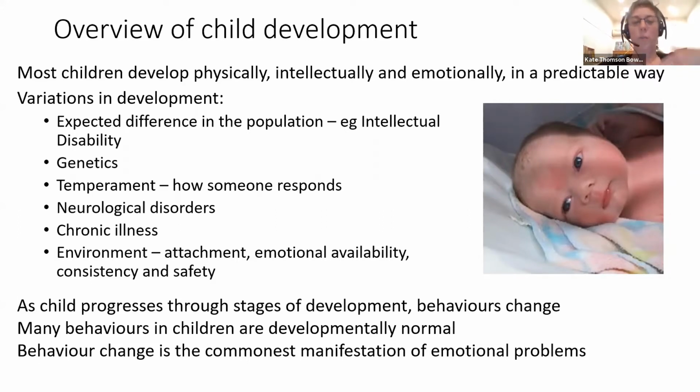So I would remind us that in typical circumstances, most children have a very predictable trajectory or progress through developmental stages, and those things have vast variations based on specific things. Within any population, we'll have a really variety of different intellectual abilities, and genetics plays a massive role, particularly in some conditions.